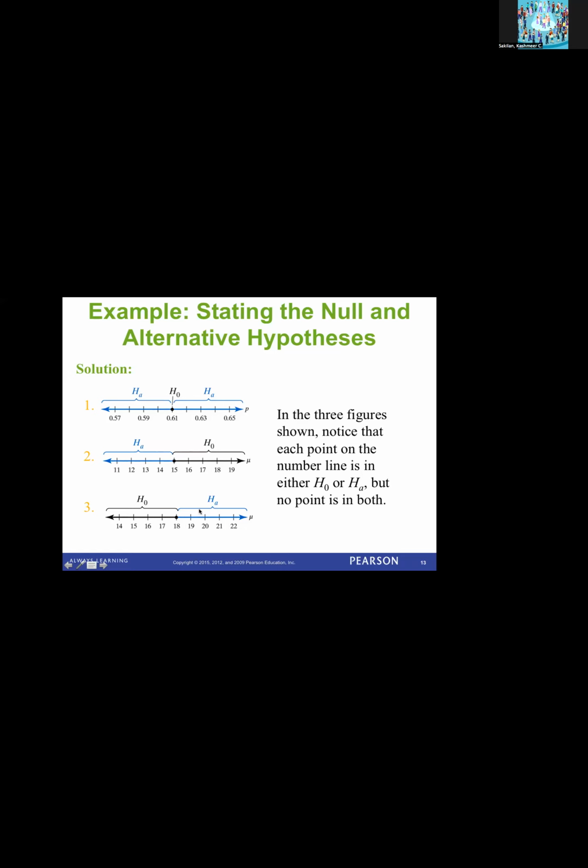In number 3, the blue line is greater than 18, so we have greater than 18 represented by the alternative hypothesis. We just have this visual representation to have a clearer picture of what HA and HO are, and how we represent them graphically.